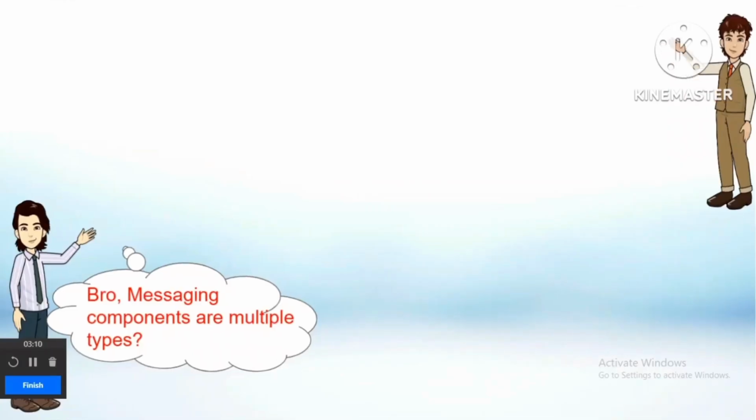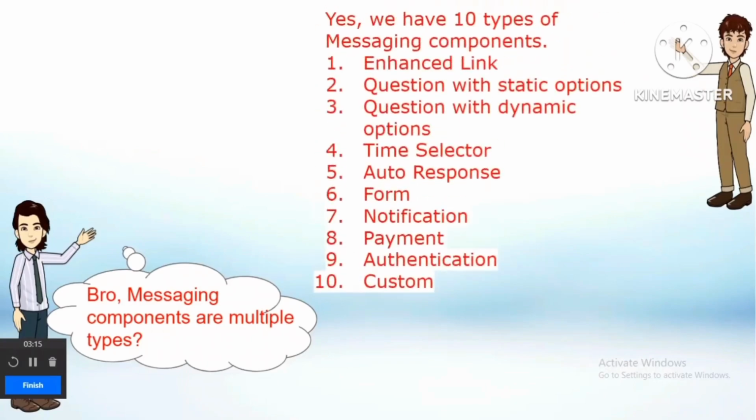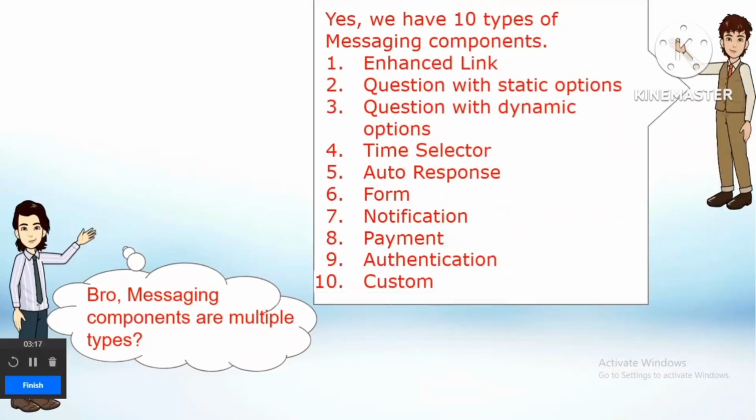So, messaging components come in multiple types. Yes, we have 10 types of messaging components. First is enhanced link. Enhanced link is just a look and feel provided by Salesforce. Suppose you want to send a link, a URL, then a good look and feel is provided by Salesforce.